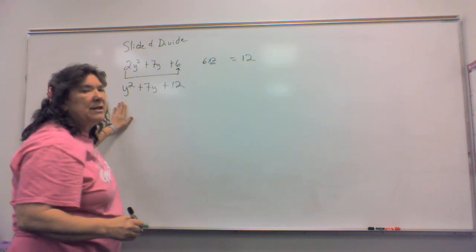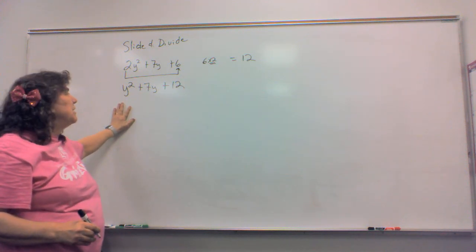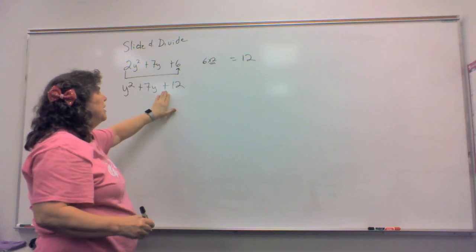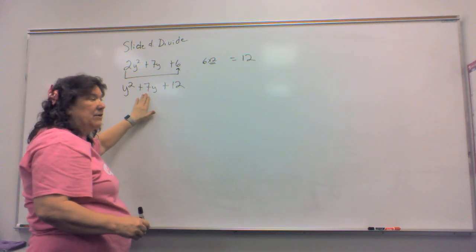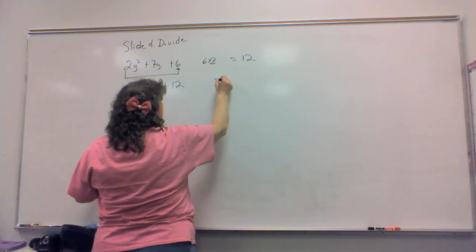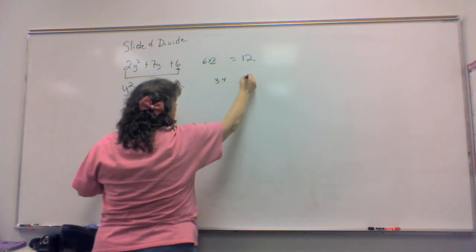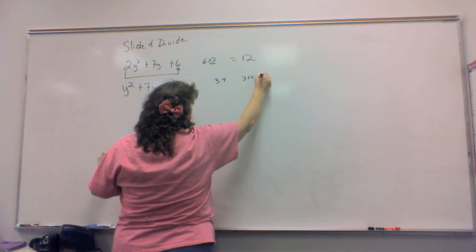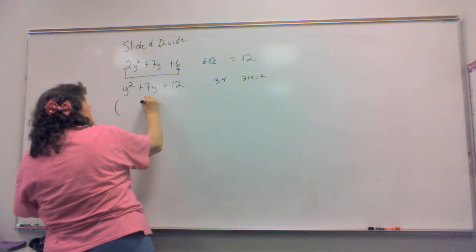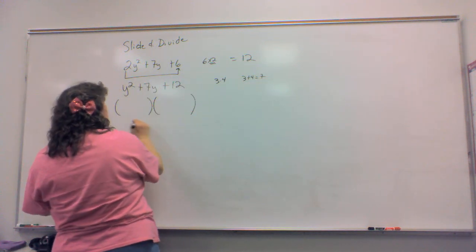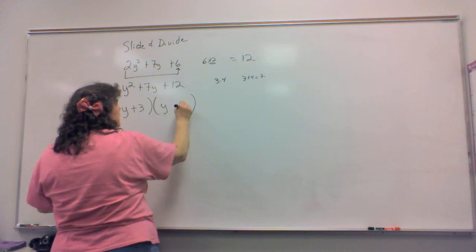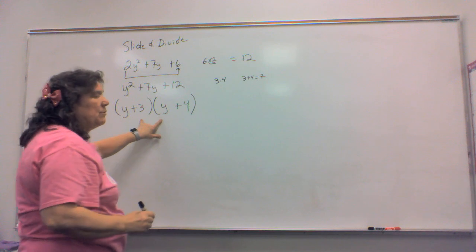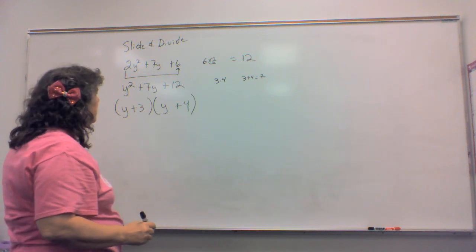Now you've got what is called a simple trinomial, and we're looking for two factors that add to 7. So we have 3 times 4 is 12, and 3 plus 4 is equal to 7. So we're going to factor this immediately with simple, giving us y plus 3 and y plus 4. 3y plus 4y is 7y.